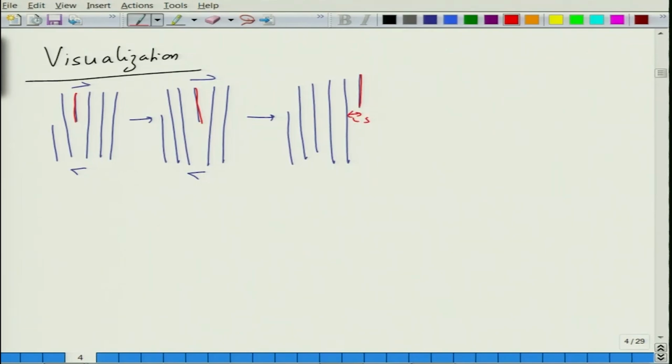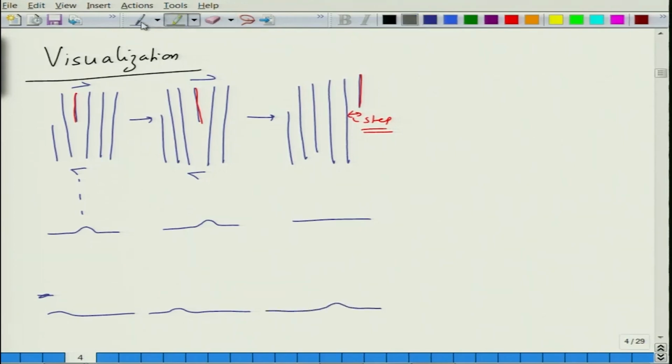This is the step that we create, and this movement can be seen as a caterpillar kind of movement. Let us say at this position you have a caterpillar, and the caterpillar shows a hump like this. When you apply stress, the hump moves forward, and when you apply stress further, the hump moves further forward, and finally it becomes flat.